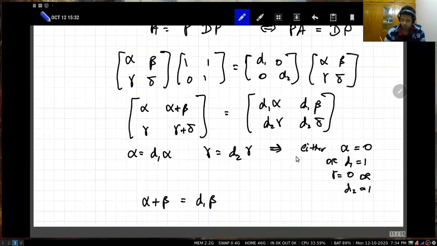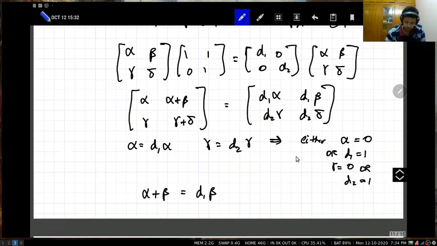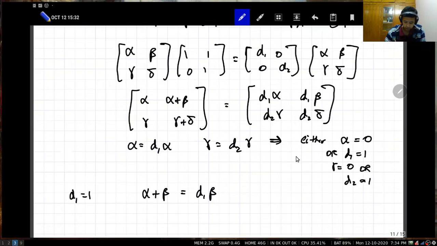Now suppose that D1 equal to 1. Then alpha plus beta equal to D1 times beta, which, since D1 is equal to 1, means alpha plus beta should be equal to beta. This means that if D1 equal to 1, then alpha should be equal to 0.